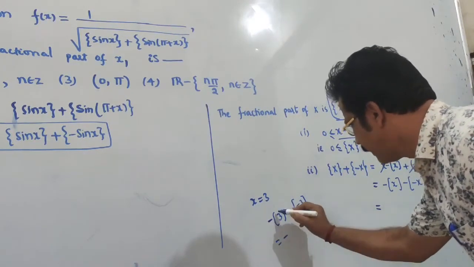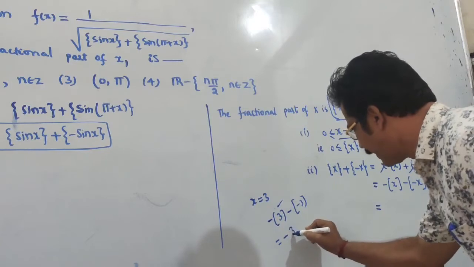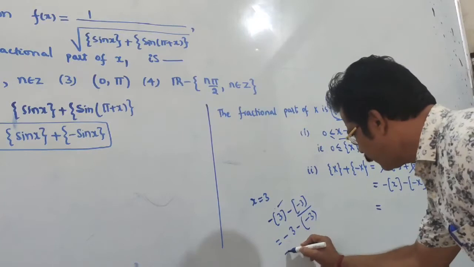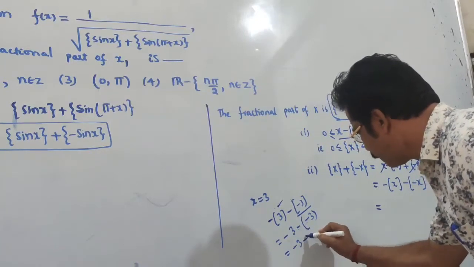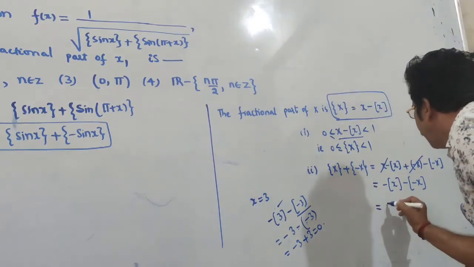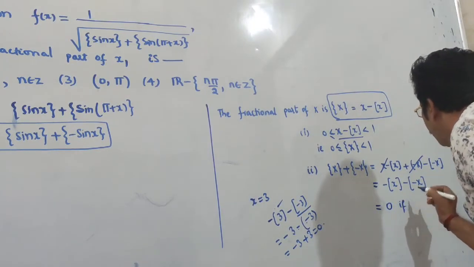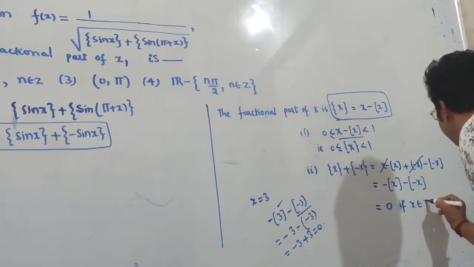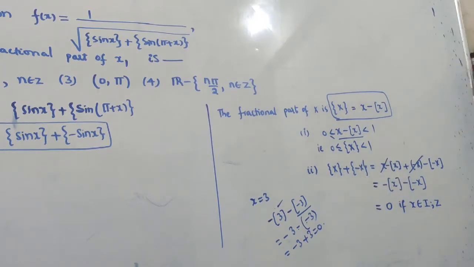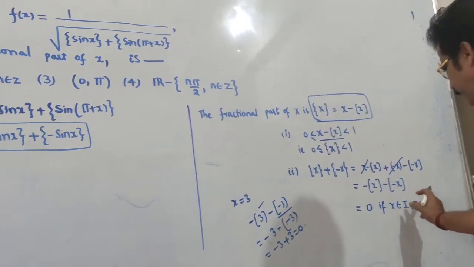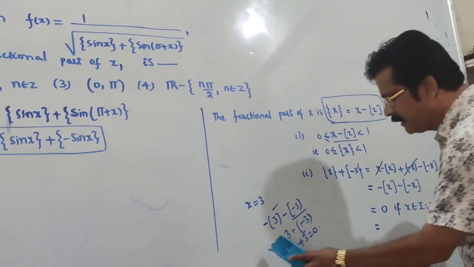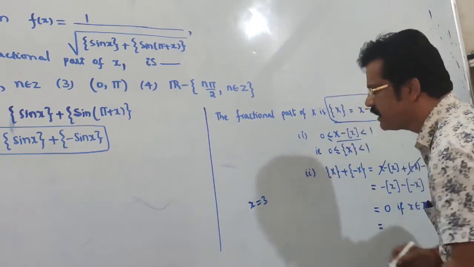That is equal to minus 3 minus floor of minus 3, which is minus 3, so minus 3 minus into minus plus 3. That is equal to 0. What I am telling is that its value is 0 if x belongs to the integers, I or Z. We can represent with both. Next, let us take x equal to some decimal number.